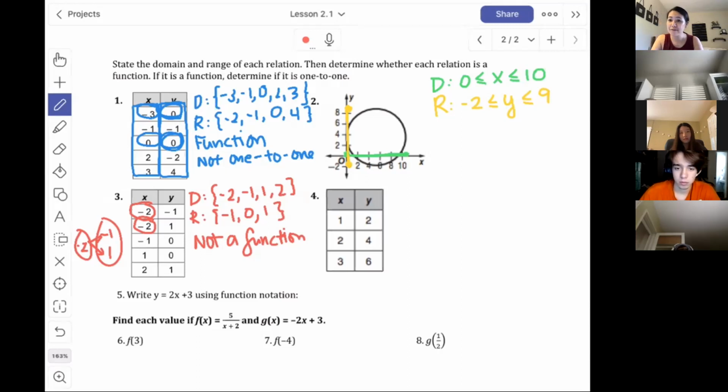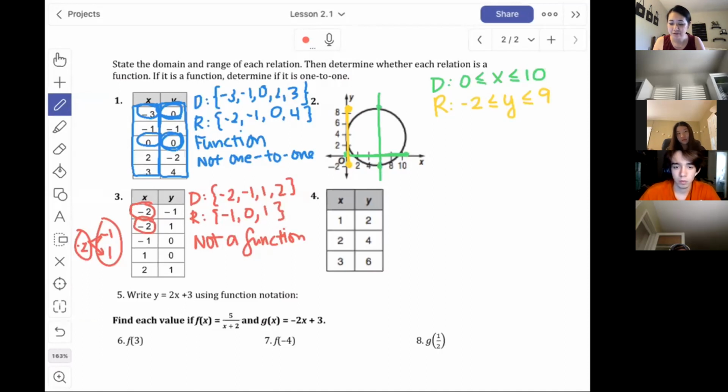True. For a graph, use the vertical line test. So does it pass the vertical line test? It does. No, it doesn't actually. Because if you slice it, does it only hit the graph once? Every vertical slice has to only hit once. So does it only hit once?